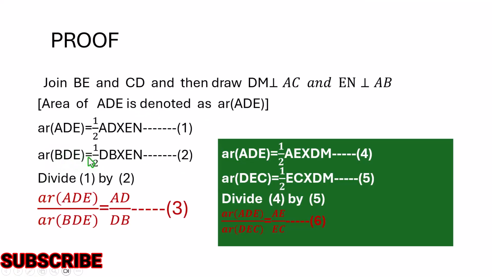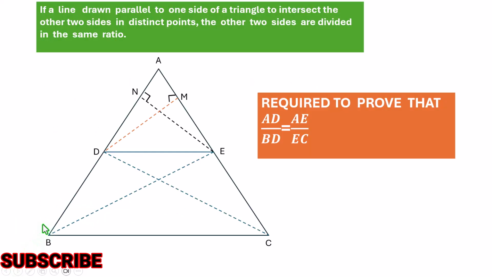Next, area of BDE is equal to half into base BD into height. See, triangle BDE and triangle ADE have bases on the same line and the same vertex E, so the heights of both triangles are equal, say EN only.